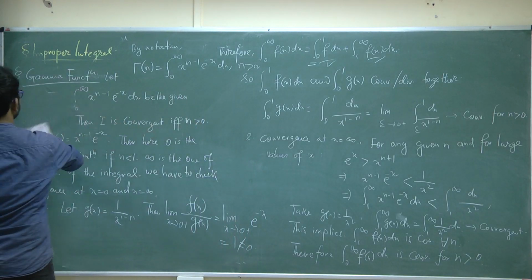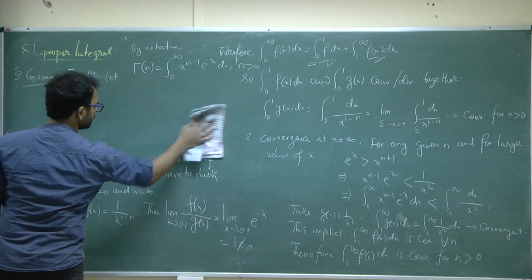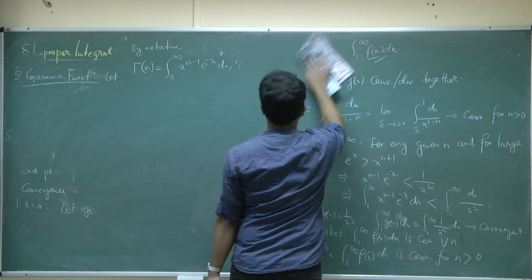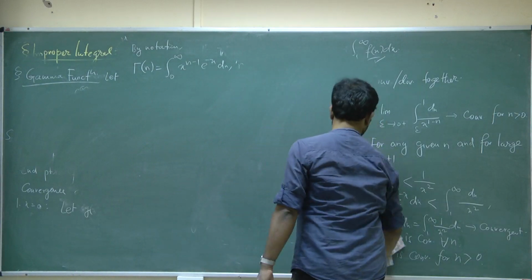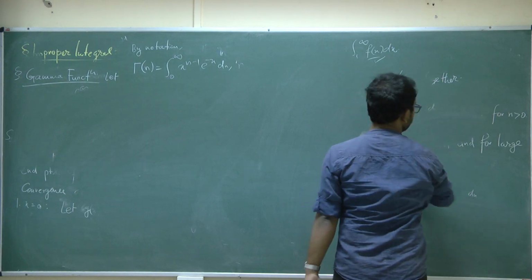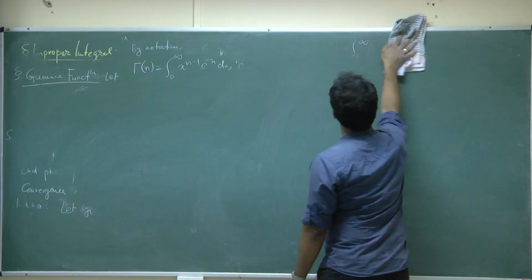Now, based on the definition of the gamma function, similarly we can introduce something called the beta function, which is also an example of an improper integral.